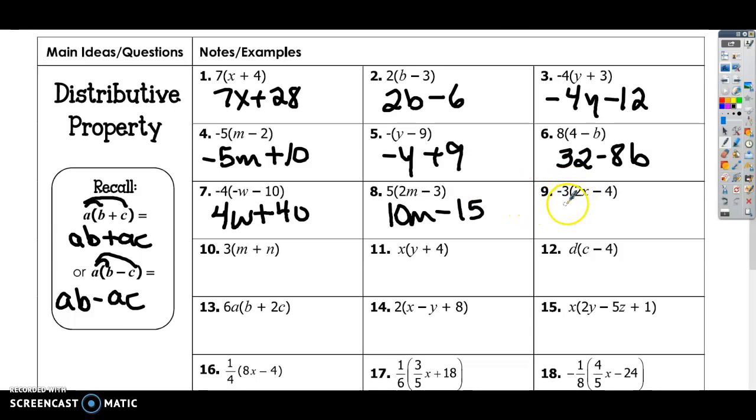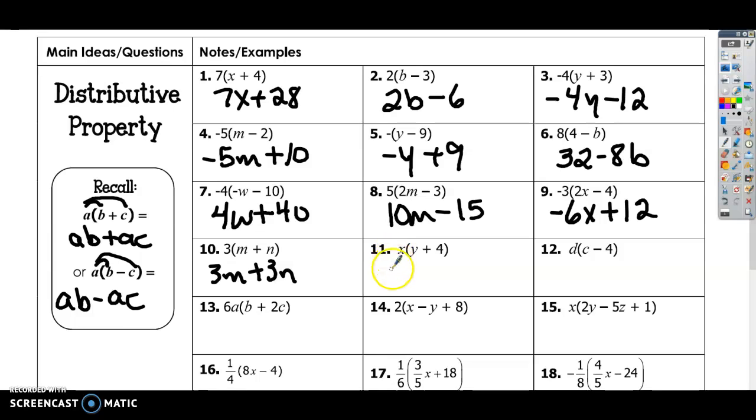Negative 3 times 2x is negative 6x, and a negative 3 times a negative 4, 2 negatives again, is a positive when you multiply. Number 10, 3 times m is 3m, and then 3 times n is plus 3n.